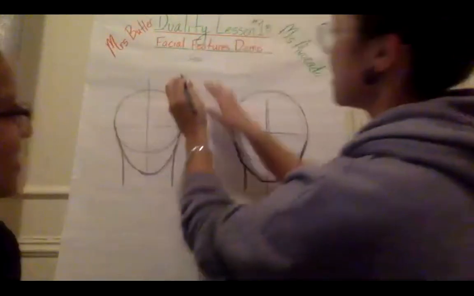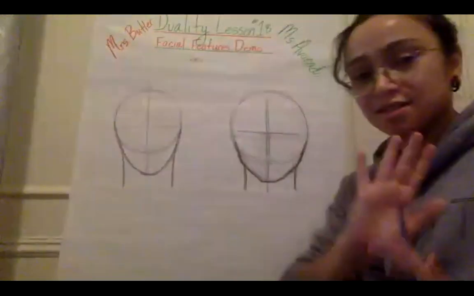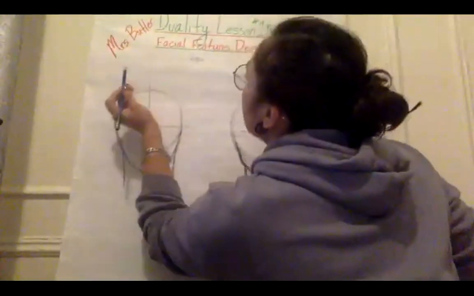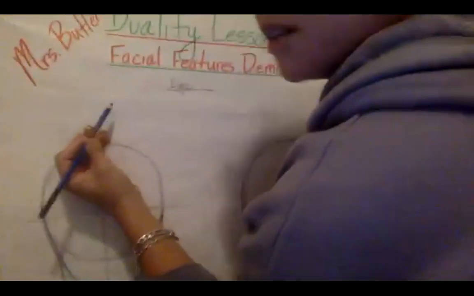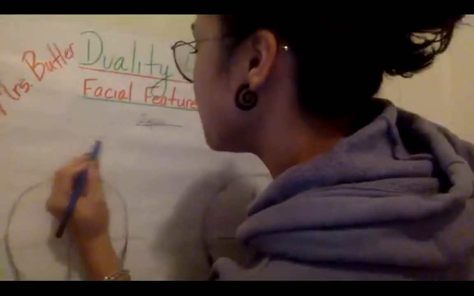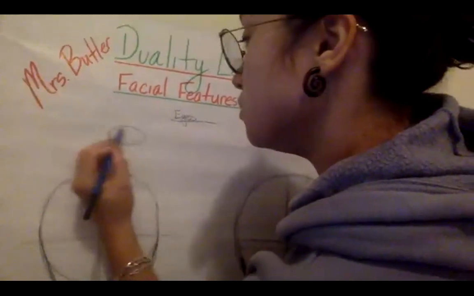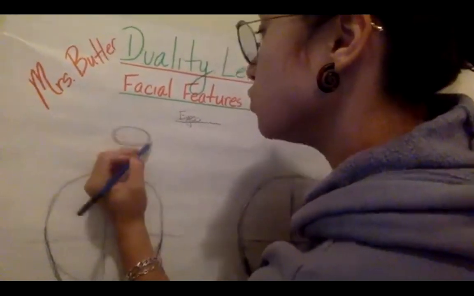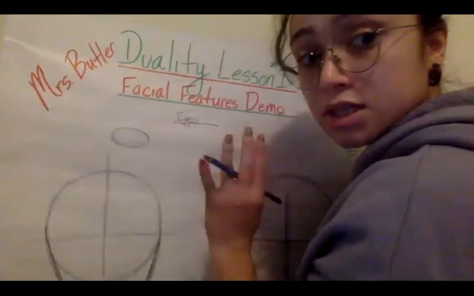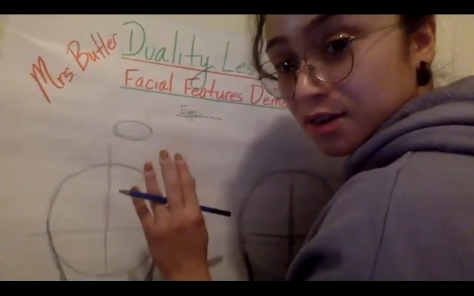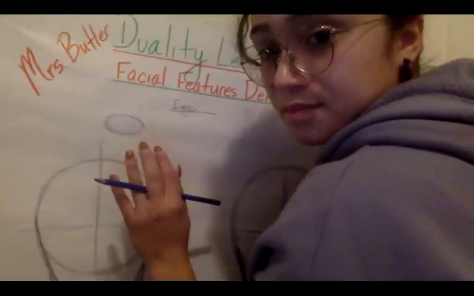So let's do that. The almond, which is the most common, is like this. Remember, we have the basic oval that we start with, and we start with an oval for every single eye shape, okay?